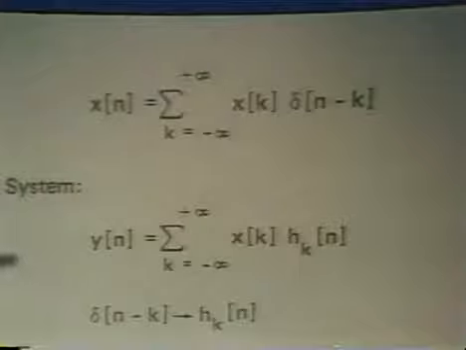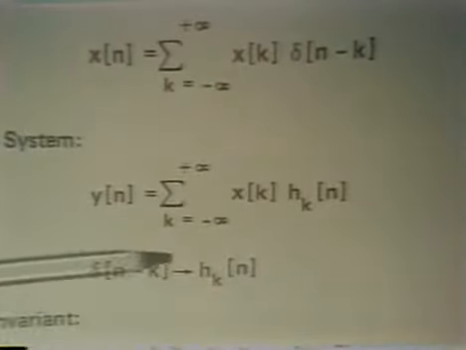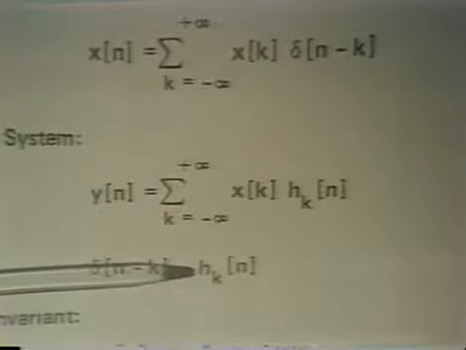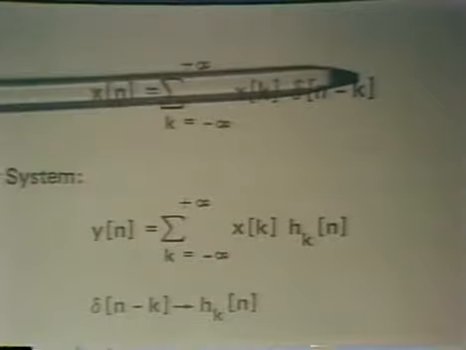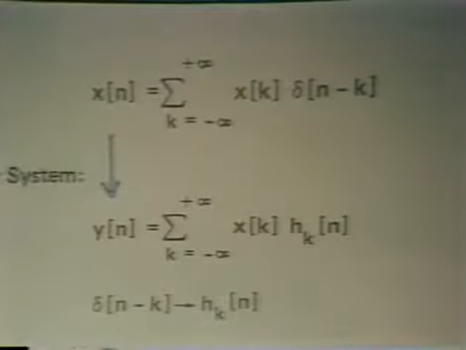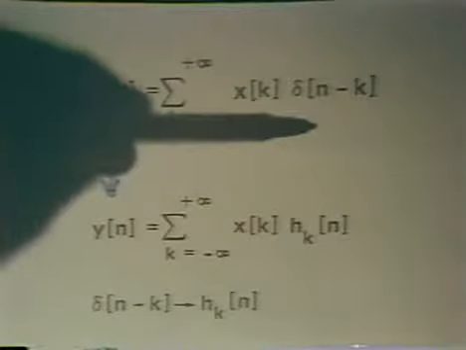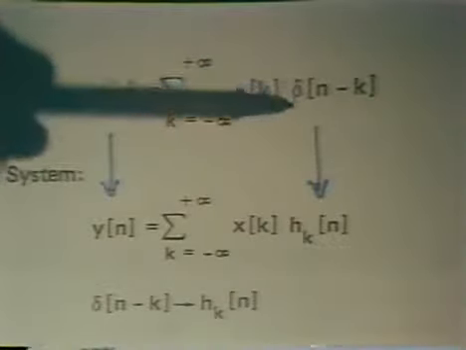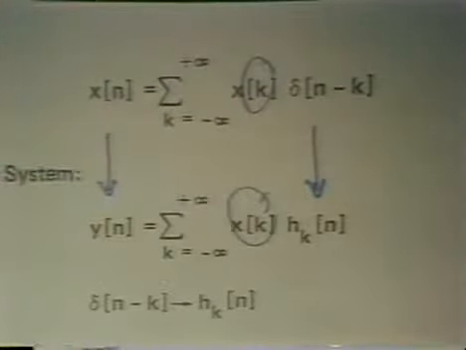So if we denote the response to a delayed impulse as h sub k of n, then the response to this general input is what I've indicated here, where y of n, of course, is the output due to the general input x of n. H sub k of n is the output due to the delayed impulse, and these are simply the coefficients in the weighting.